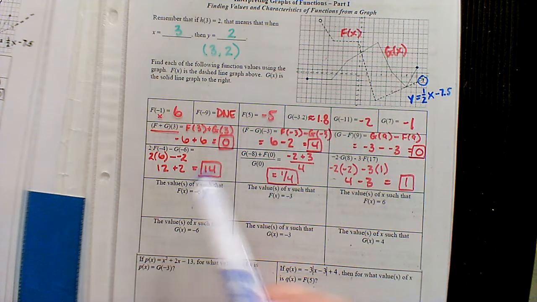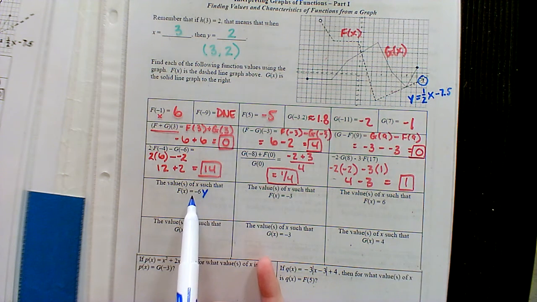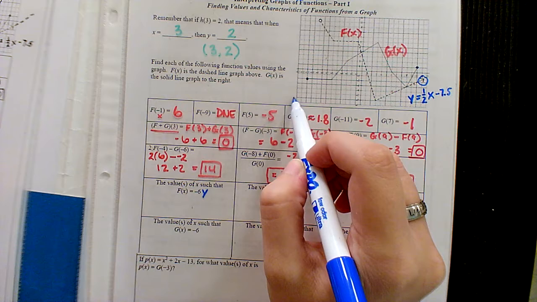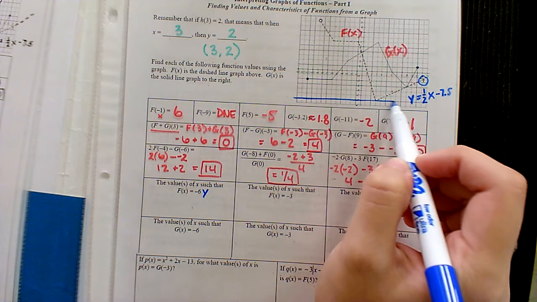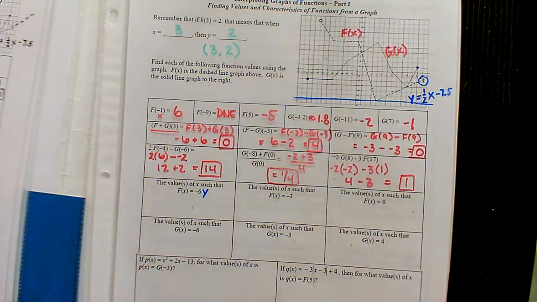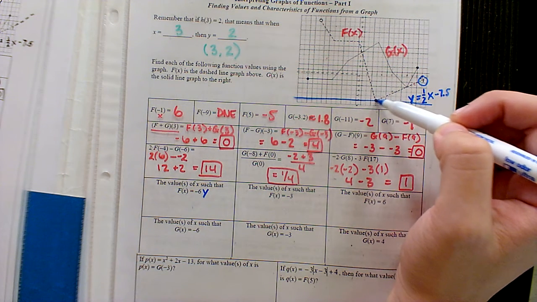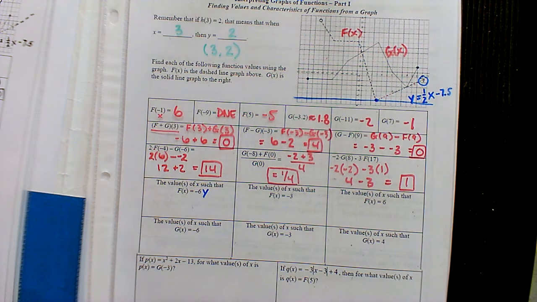So when you go to your graph, go ahead and find the y value of -6. Okay, so that's somewhere down here. And you got to visualize, where does that y value touch your f graph? In this case, your dotted graph. Can we notice how it touches the very tip or the very bottom right there?